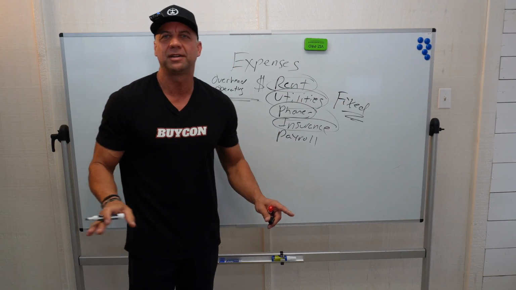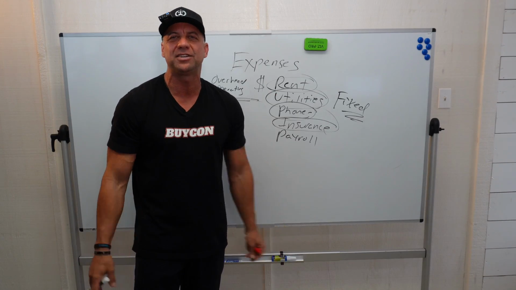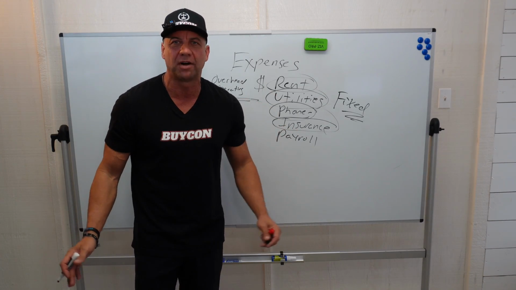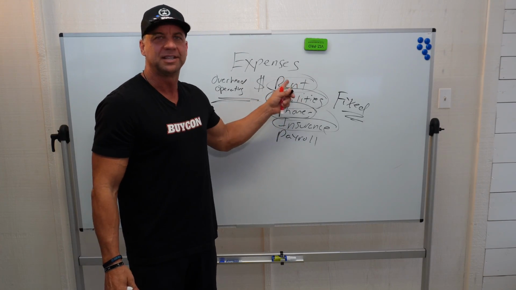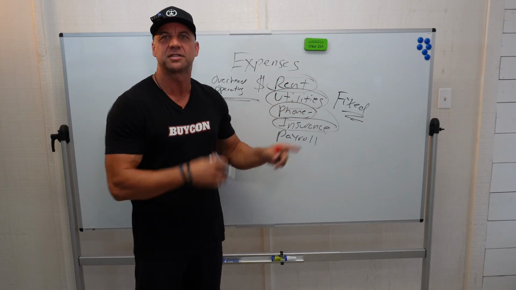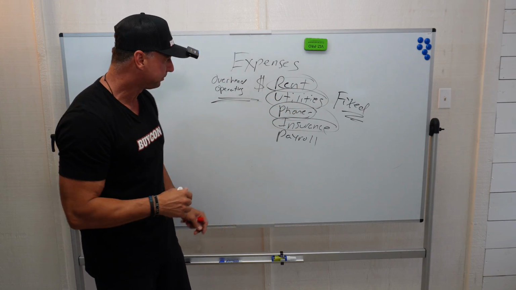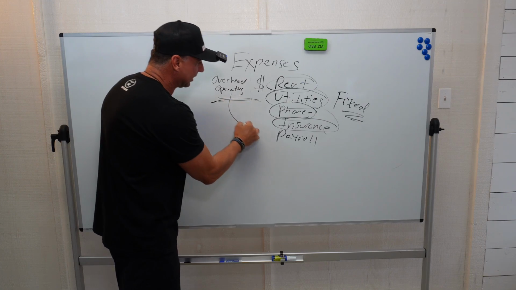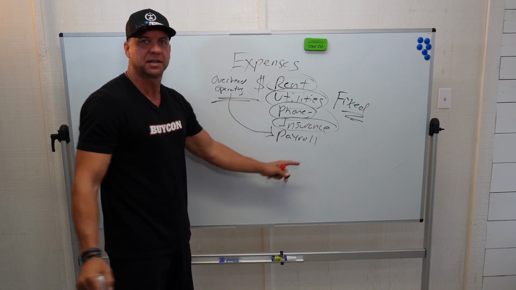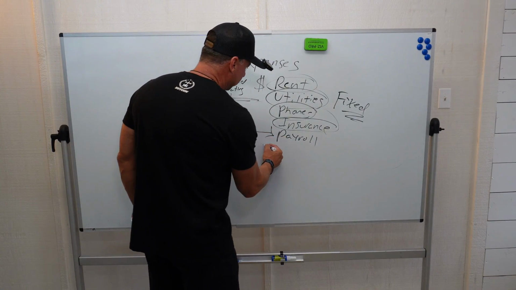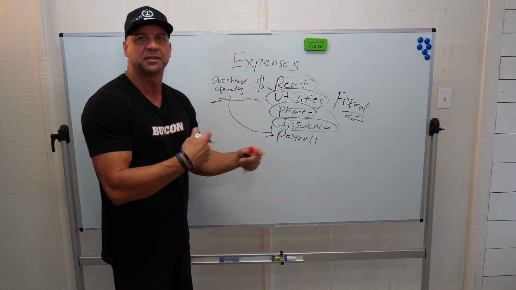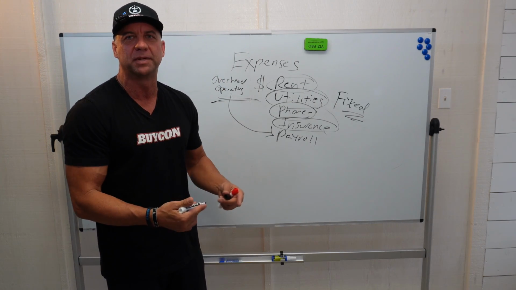Rent, utilities, phone, insurance. These are what I call fixed. No matter what, let's say I decide I want to go on vacation and I want to take 3 months off. Guess what? These fixed expenses are still coming out every month, right? Now we have operating expenses. This is going to be payroll. This depends too on how much business we do.